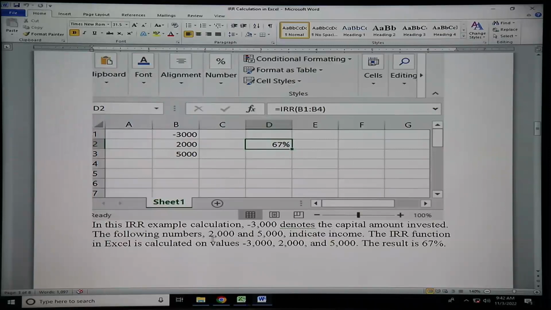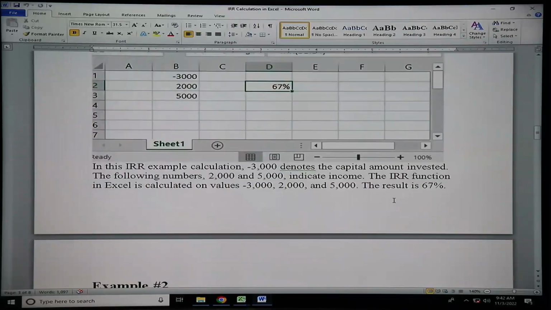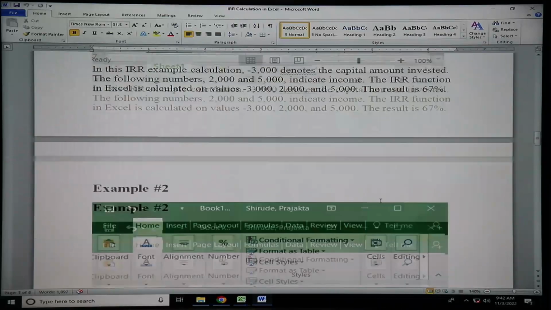The following numbers, the 2,000 and the 5,000, indicate the income generated in the subsequent years. The Excel function calculates these values, and the result is 67%.